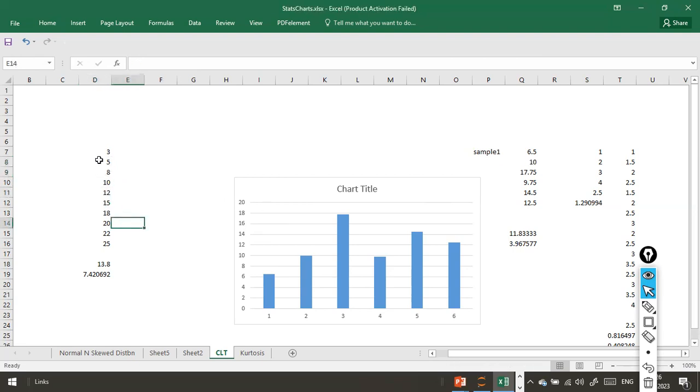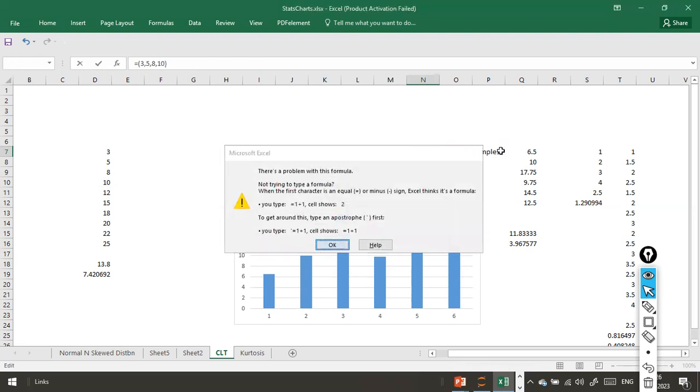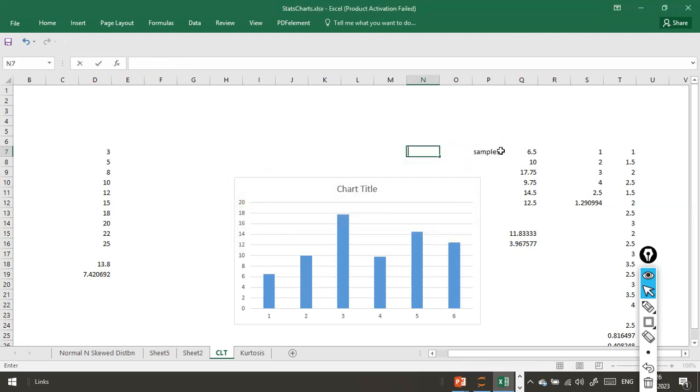Likewise, I have taken different samples so that you can understand. Sample one is 3, 5, 8, 10. I have taken this value.